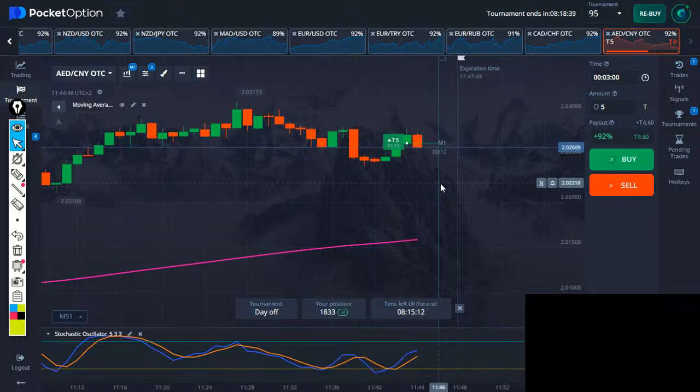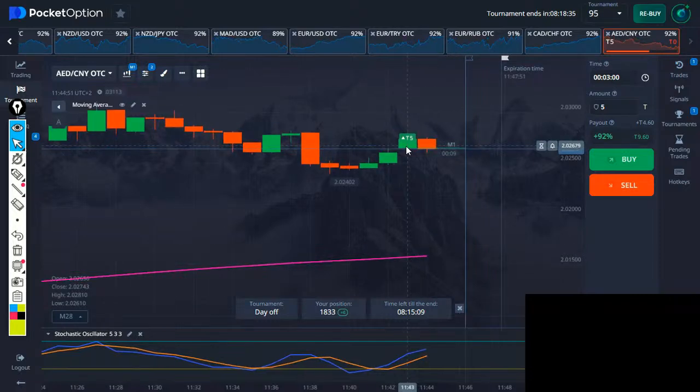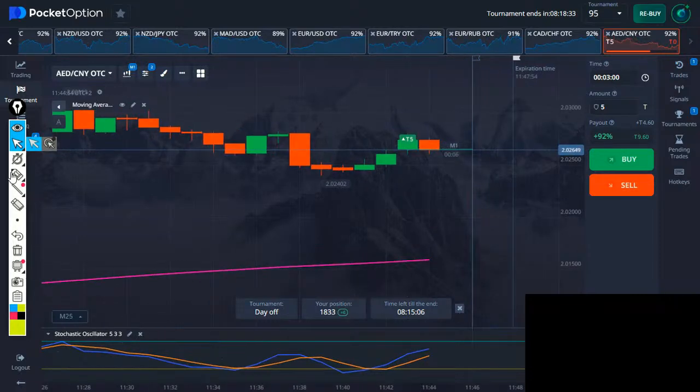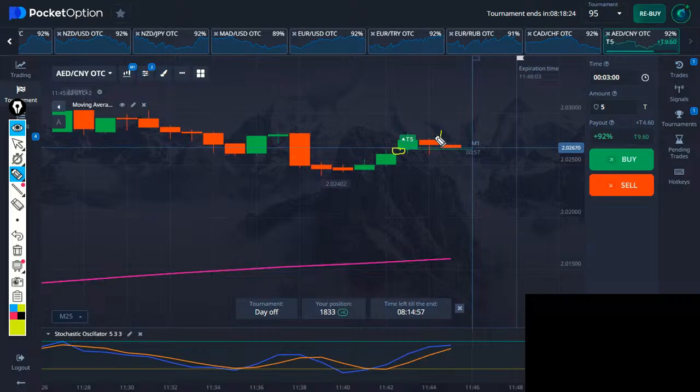The only reason I don't like this is because of this gap. This gap over here to the upside will create a little bit of a seller's pressure. Gaps have to be filled in the market.